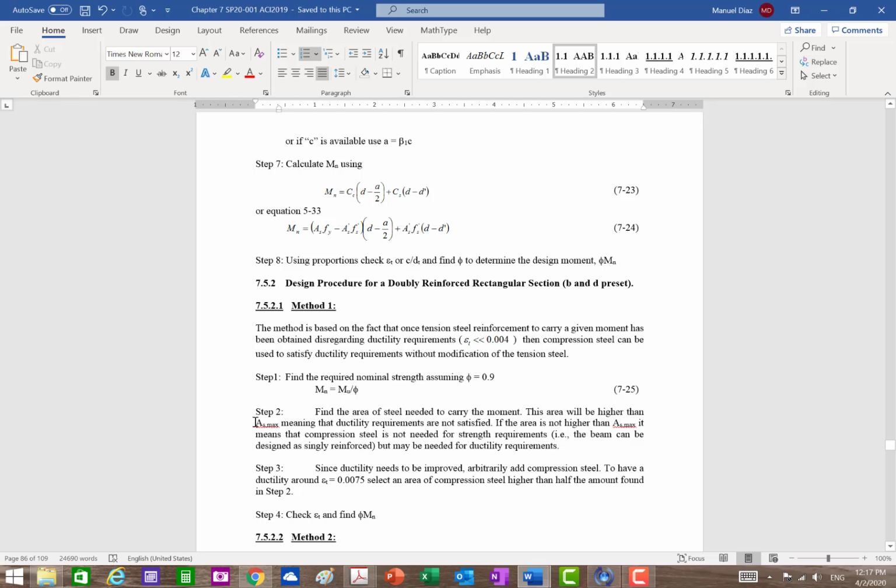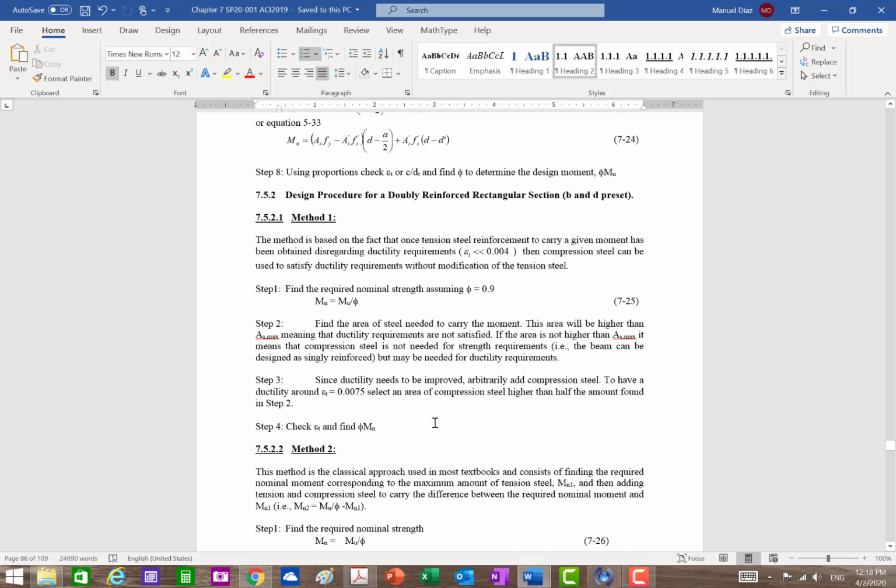So you're not satisfying ductility, right? And so you need to improve that. Now, if the area that you find by doing this is not higher than As maximum, it means that you don't need compression reinforcement, okay? So you're good. So you just did a regular tension beam, all right?